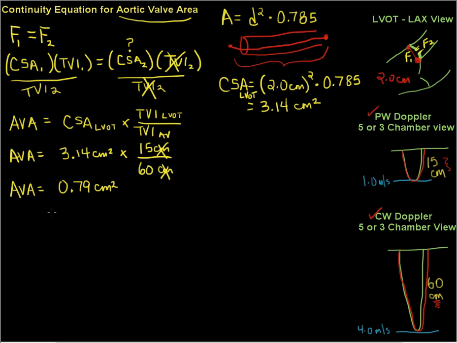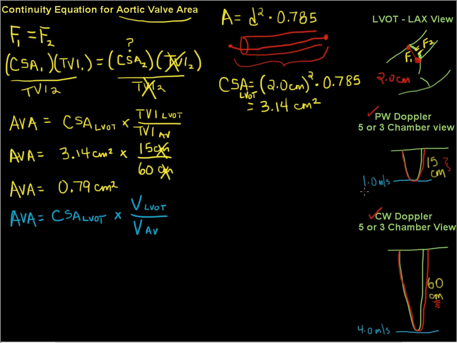Now, the other thing that we can do here, making this maybe even a little bit simpler, is substitute velocity for time velocity integral. So we can also say that the aortic valve area is equal to the cross-sectional area of the LVOT times the velocity of the LVOT divided by the velocity of the aortic valve. On my tracings over here, I've written out some velocities.